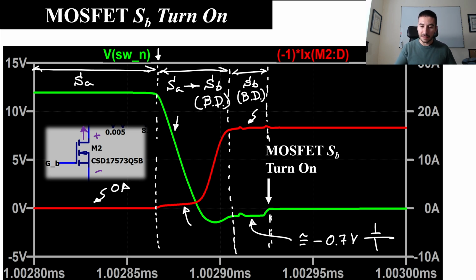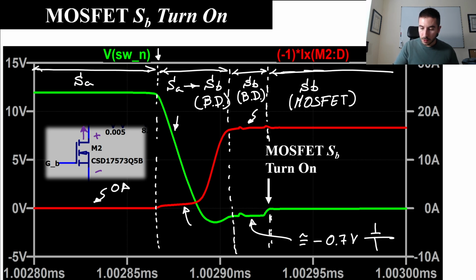And finally, here we turn on the device, we turn on the MOSFET, and all the current is flowing through the MOSFET channel. So an important conclusion here is that before we turn on the MOSFET, the voltage is already 0.